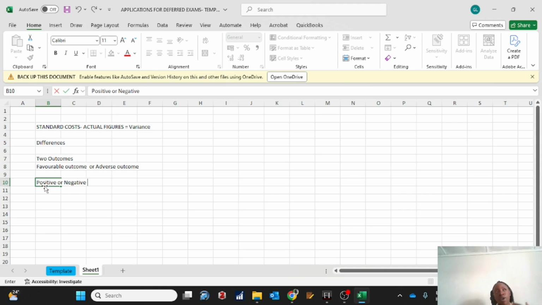Each variance is treated separately, in the sense that how you treat material variance is not how you treat usage variance. The price and usage are two different things. So the more you save on usage, the better the outcome, and the less the price you spend on something, the better for you.